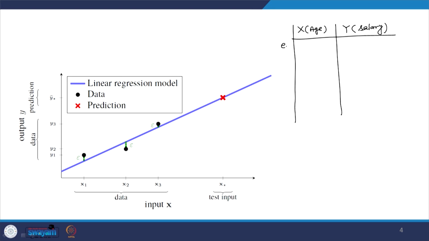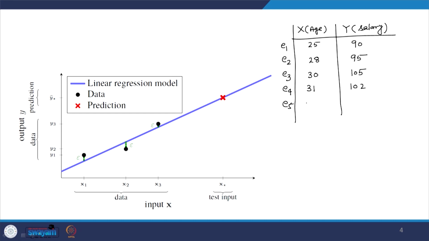Employee 1: age 25, salary 90,000. Employee 2: age 28, salary 95,000. Employee 3: age 30, salary 105,000. Employee 4: age 31, salary 102,000.